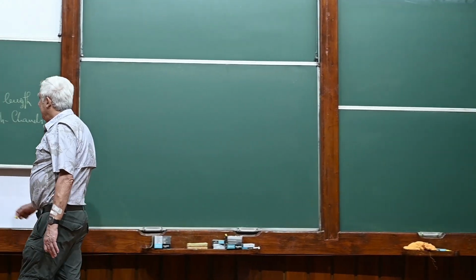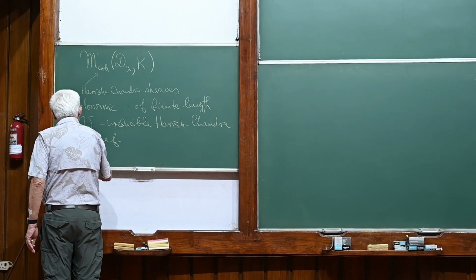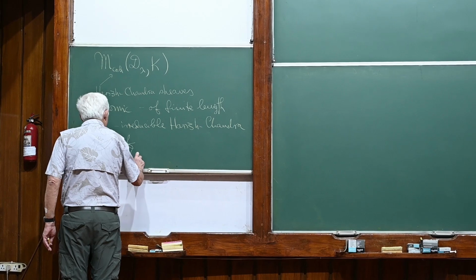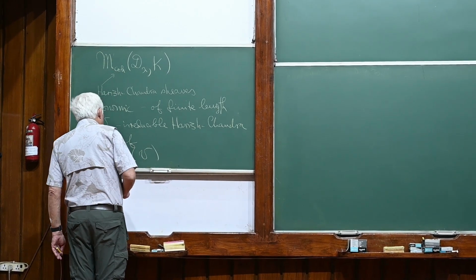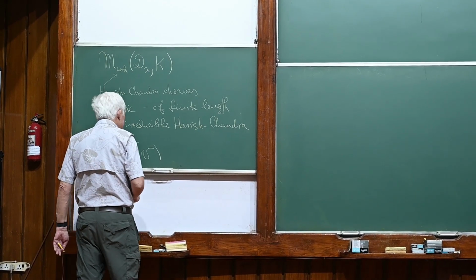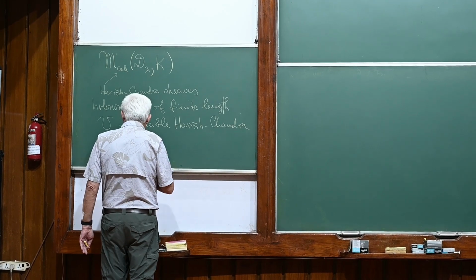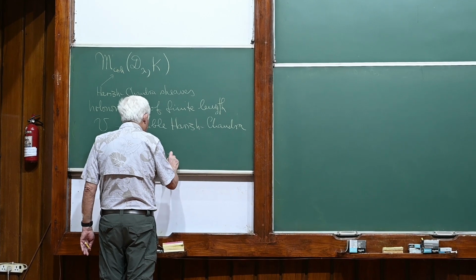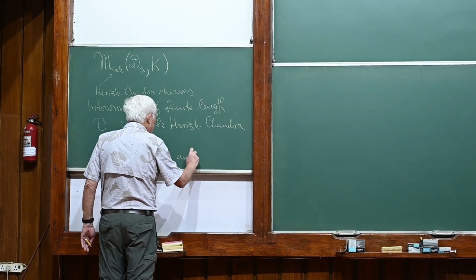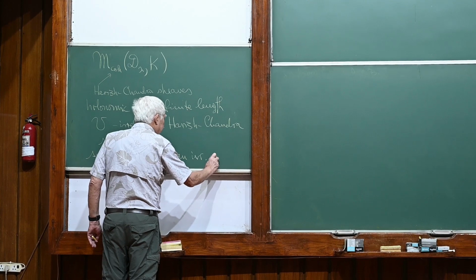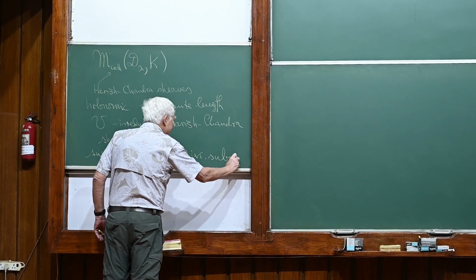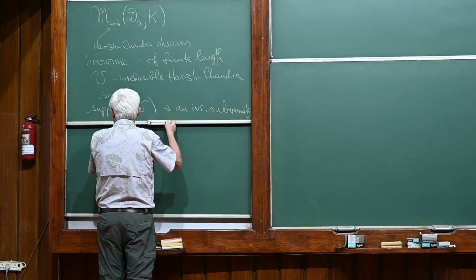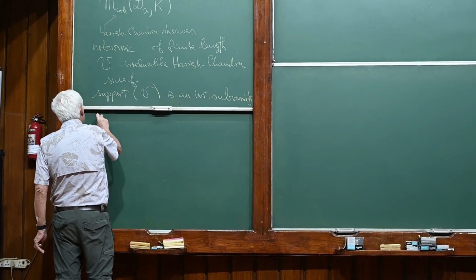So we have a definition of support. And if V is irreducible, then an easy exercise is to show that the support of V is an irreducible subvariety in X.